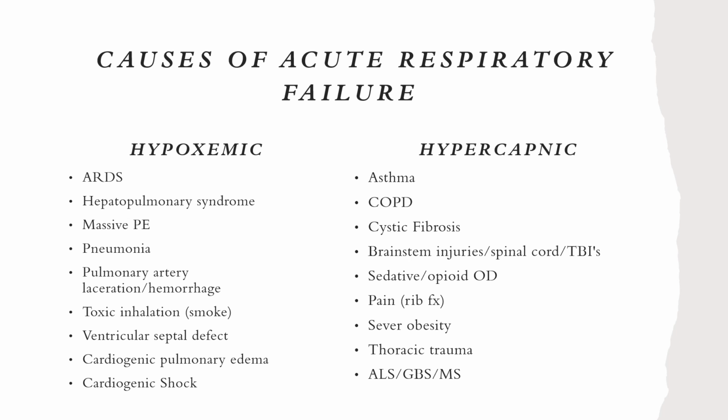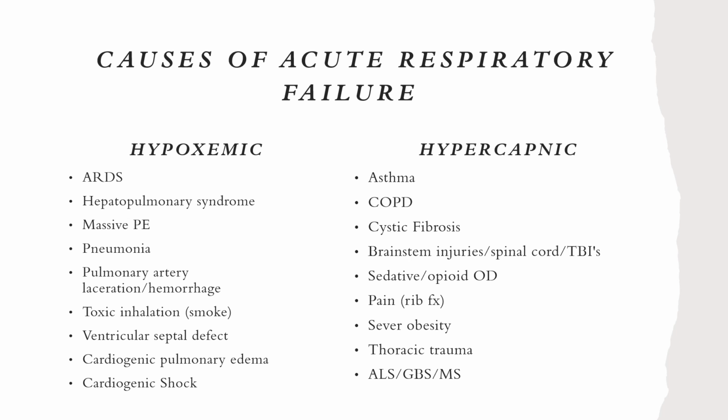So these are just splitting apart reasons or causes for hypoxemic versus hypercapnic failure. If we're having more of a perfusion issue and more hypoxemic issue, acute respiratory distress syndrome would definitely be one of them. And if you remember, going back a slide or two, that would be the diffusion limitation issue, where your alveoli are getting very hardened and fibrotic, and it's causing impaired gas exchange.